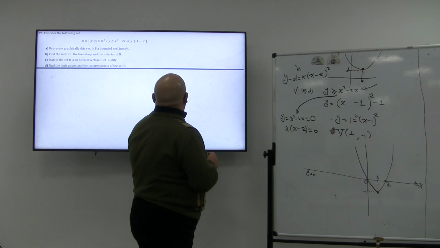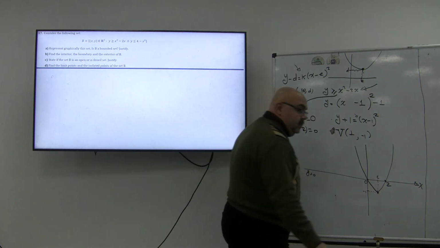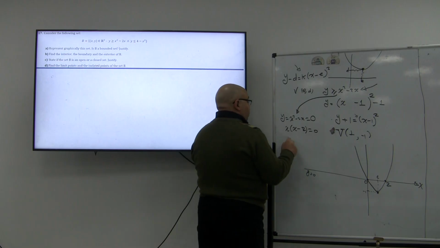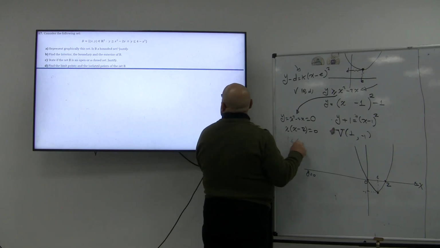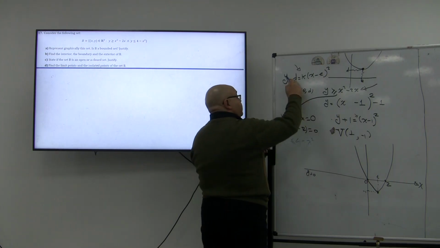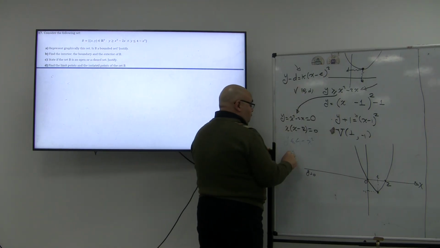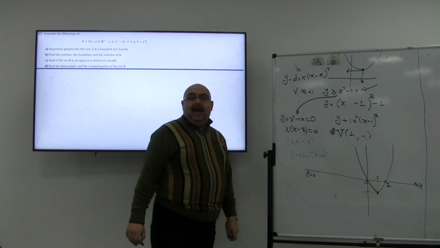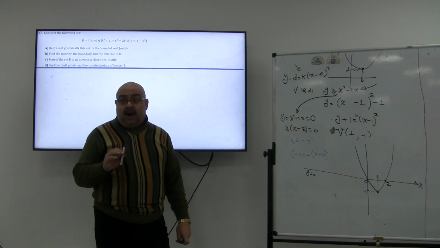Then I have the other equation, which is y less than or equal to 4 minus x squared, which can be put in this form, which is y minus 4 equal to negative of x minus 0 to the power of 2. And now the vertex is really obvious.